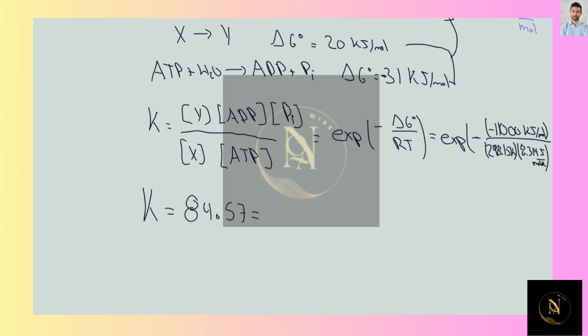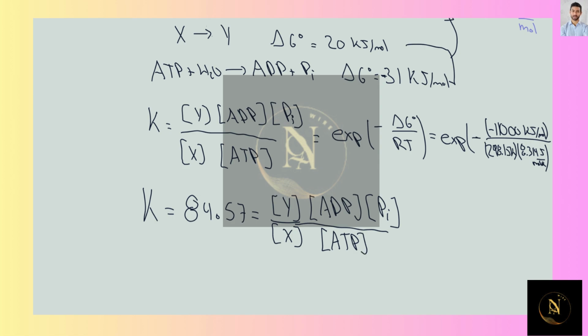And again, let's write it down as the concentrations that we have. In this problem, the additional information that we get is that the concentrations of ATP, ADP, and inorganic phosphate are equal to 1 molar.